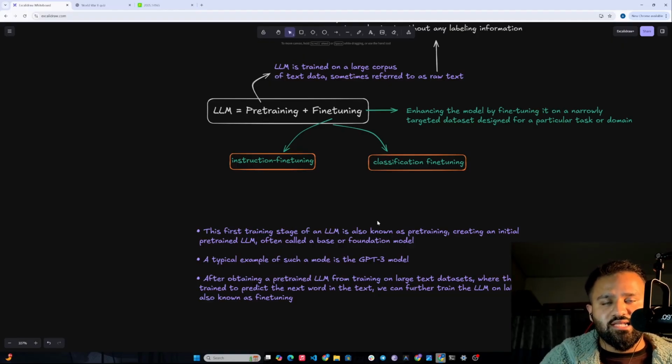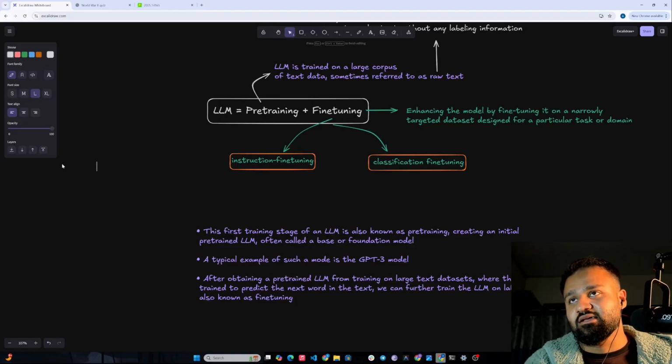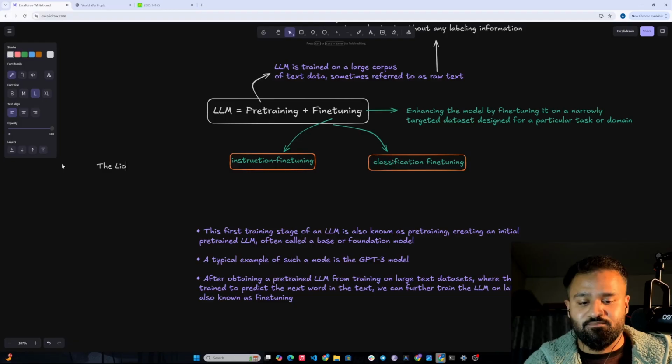There is another terminology. Initially, LLMs weren't trained to do chatting, summarization, translation, or generating questions. They were initially trained for just one task: predicting the next word in a sentence. For example, the lion is the dash dash dash.